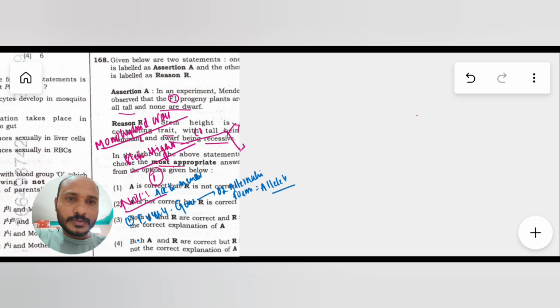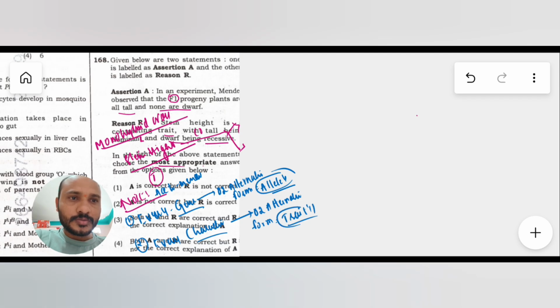And every character also has 2 alternative forms, which are called traits. So there is a clear-cut difference: allele is different, trait is different, gene is different, character is different.